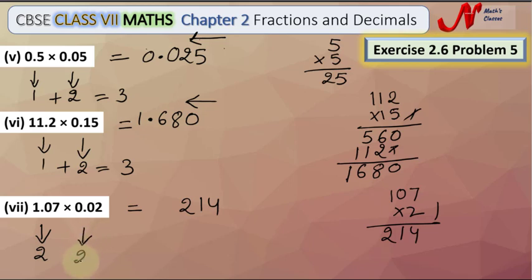In 0.02 we have 2 digits after the decimal point. So in total we have 4 digits after the decimal point. In the product, from right to left, we keep the point after 4 digits, but here we have only 3, so we keep the 0 here and keep the decimal point. So we get 0.0214.